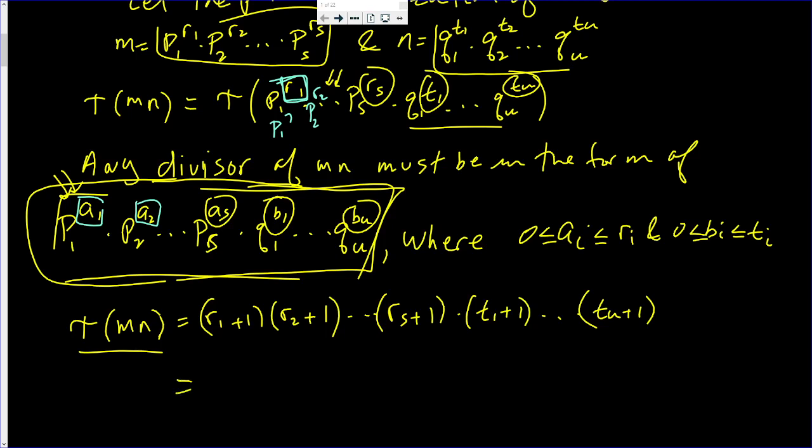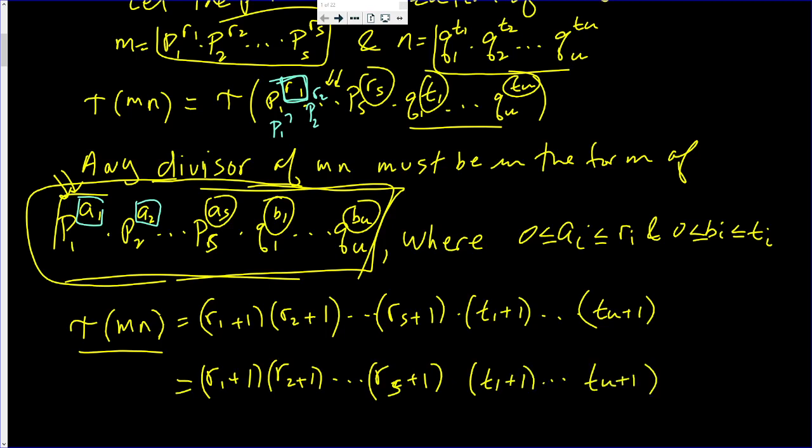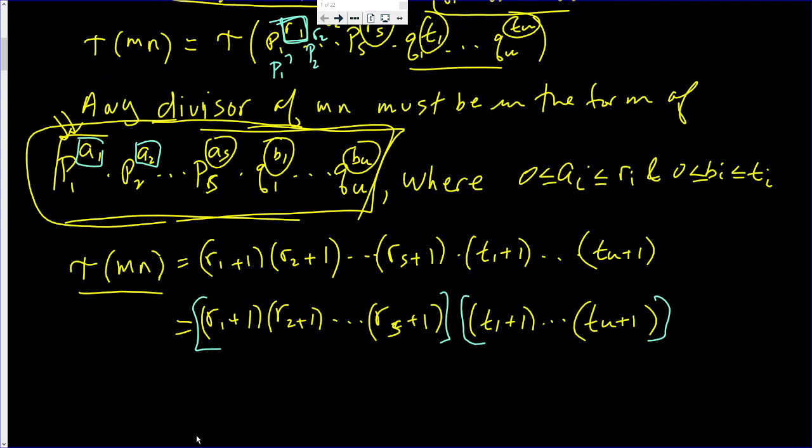But now, I'll just rewrite this almost the same, one minor little thing. r sub s plus 1, t1 plus 1, all the way up to tu plus 1. I'm going to bracket it. These are real numbers, I can bracket it. It's called the associative property.